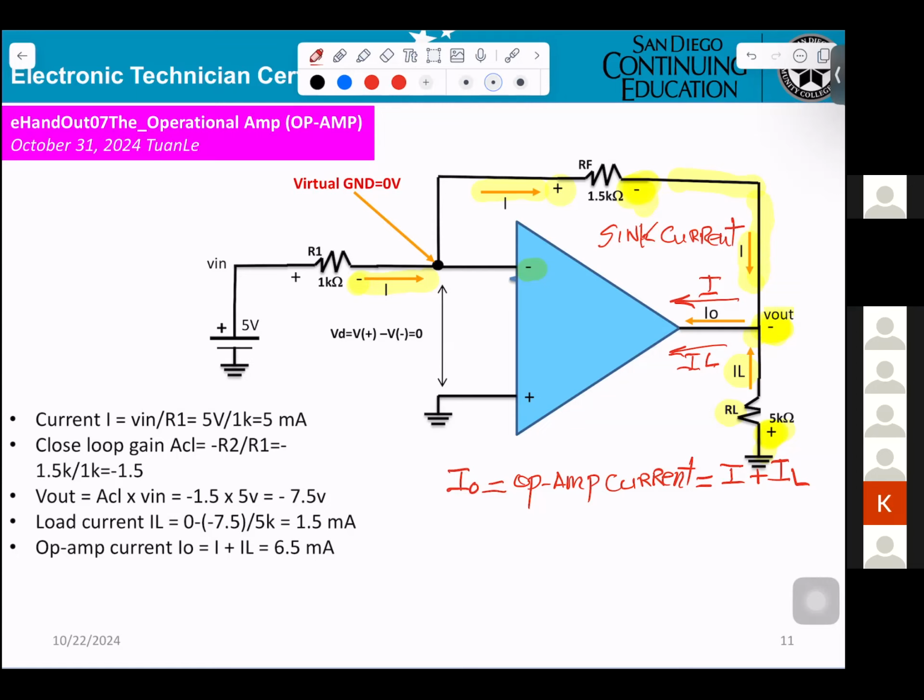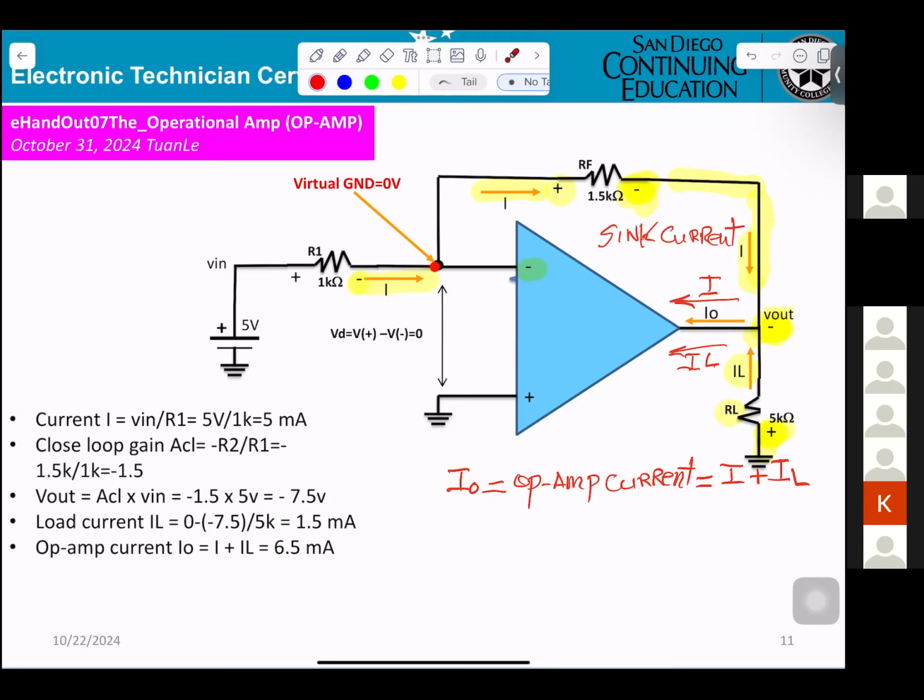Okay. Now, if I want to calculate the current I here, you can see you get 5 volts here and you get a ground right here.